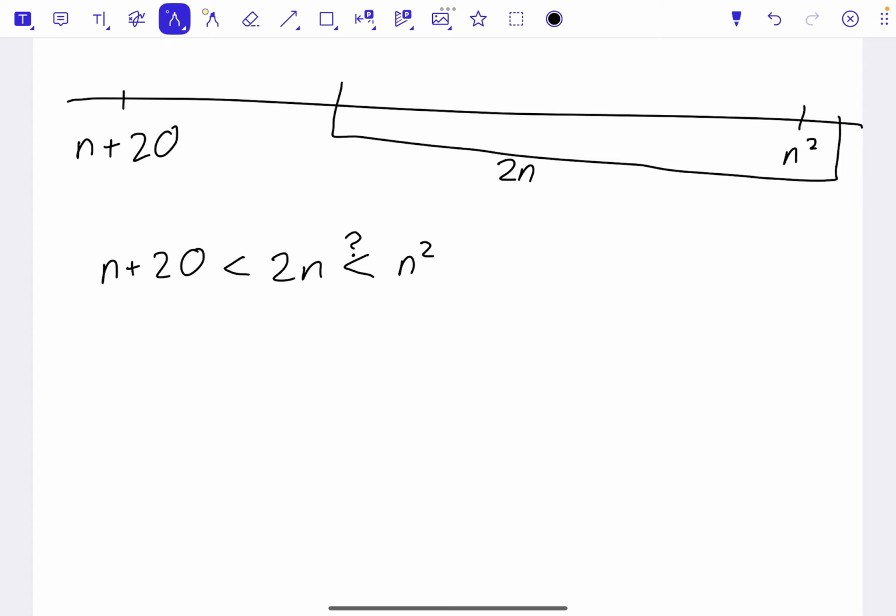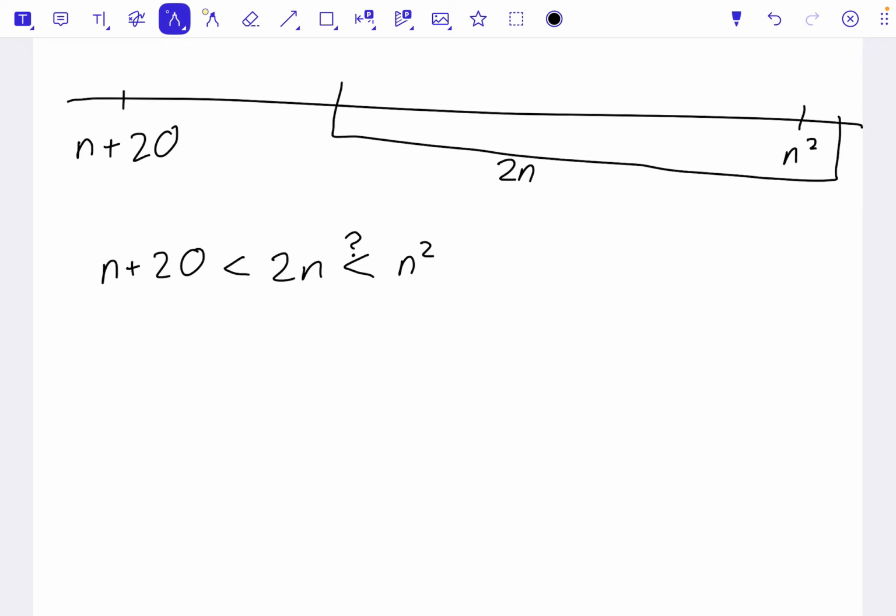And so we have this. We know for sure that n plus 20 is less than 2n. We proved that. And we also know that n plus 20 is less than n squared. But we don't know if 2n is less than n squared.